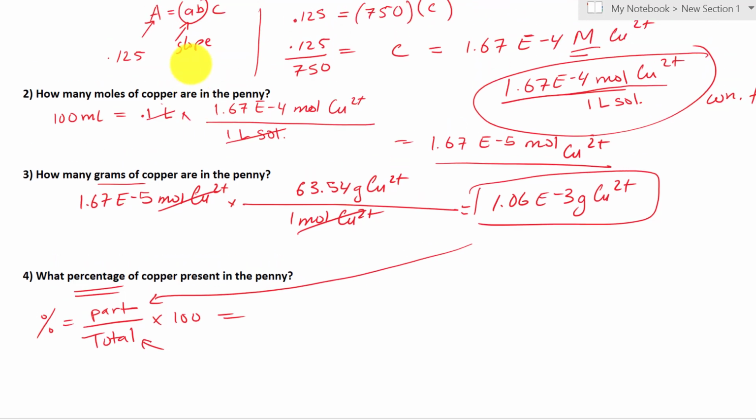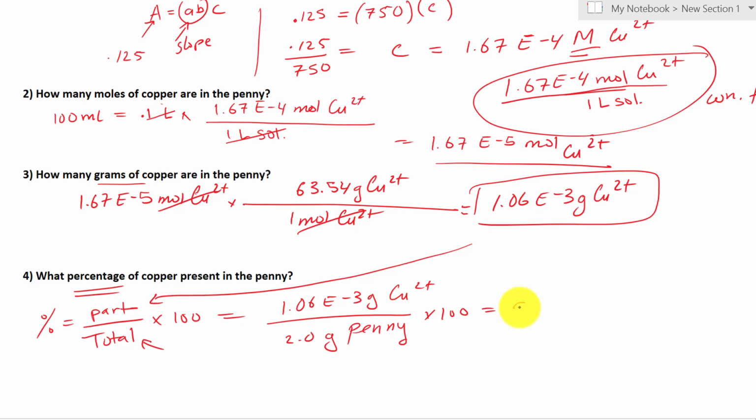So what we have here is equal to 1.06 e to the negative 3 grams of copper 2 plus divided by the 2.0 grams of penny. That would be the total mass, okay? In this case, we multiply by 100, and what do we get in the end?